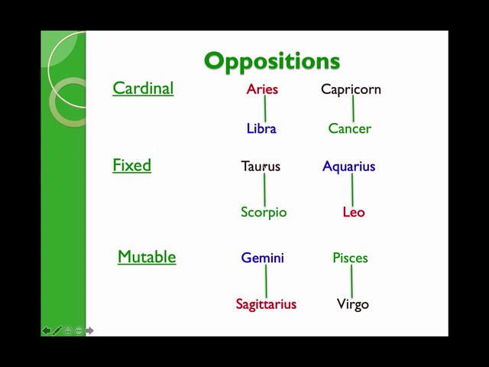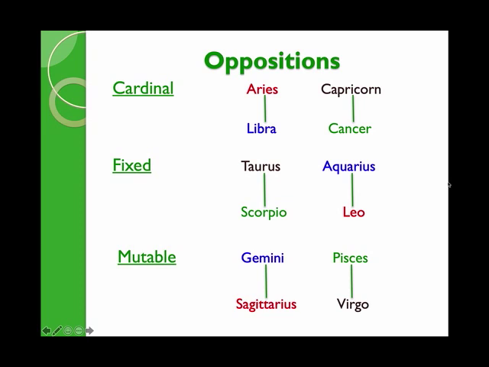In the fixed, we have Taurus and Scorpio, Aquarius and Leo. If you're looking at a chart wheel, these signs should be on opposite sides of the wheel, always. The mutable, Gemini, Sagittarius, Pisces, Virgo. So you can have that in front of you.